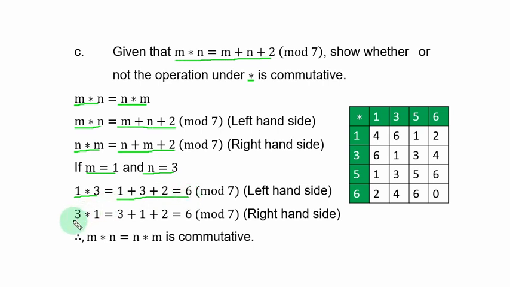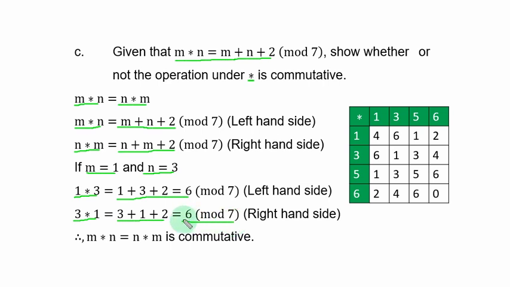Then if we take 3 asterisk 1, so here now we are looking at the second operation, the right hand side. So n is equal to 3 and m is equal to 1 in this part now. So you have 3 plus 1 plus 2 is equal to 6 modulo 7. That is the right hand side.